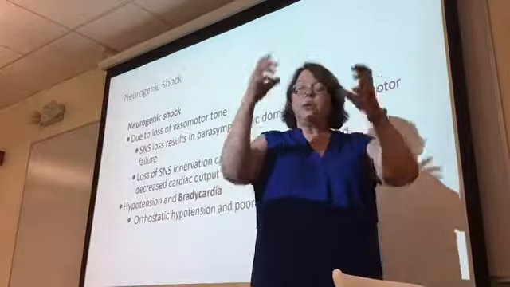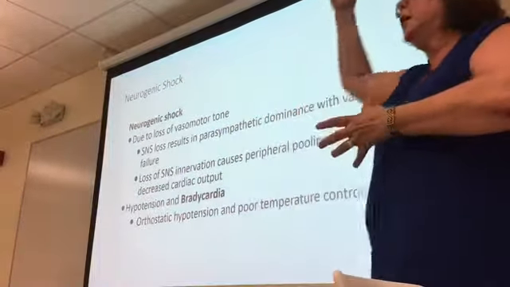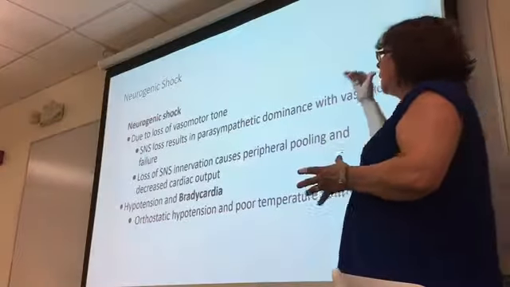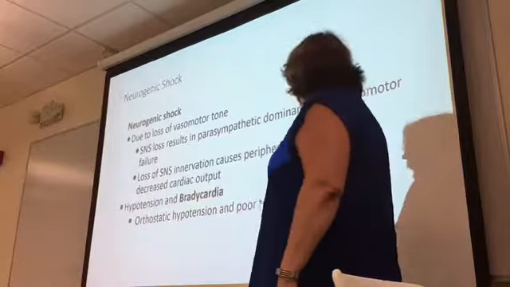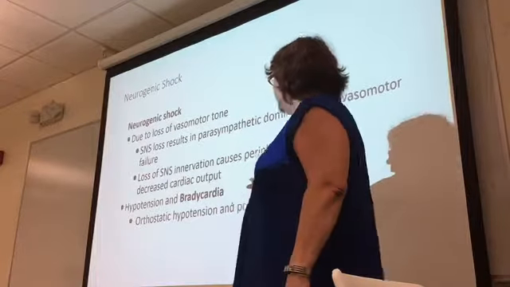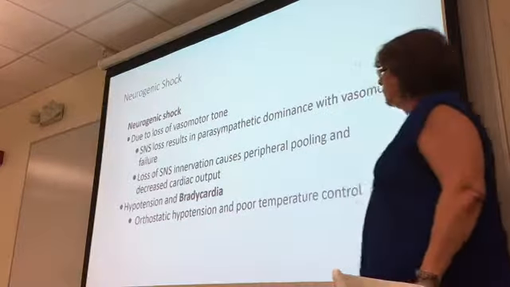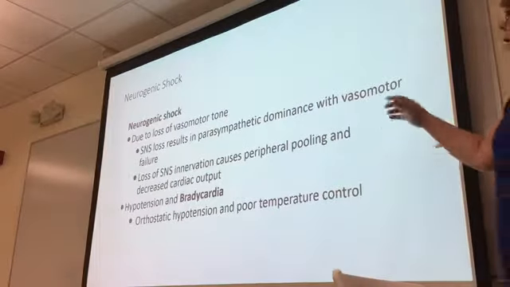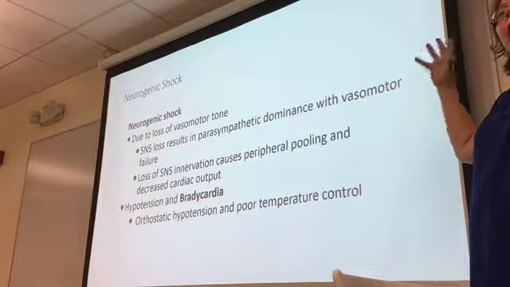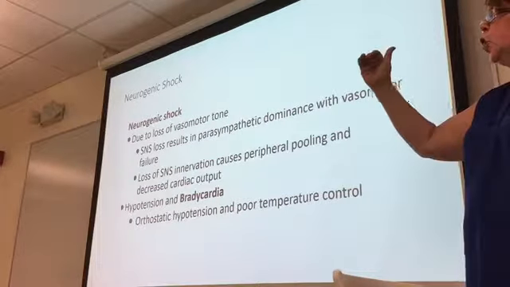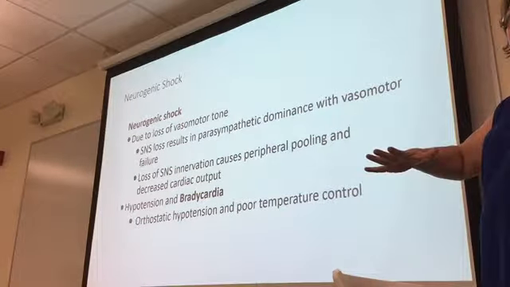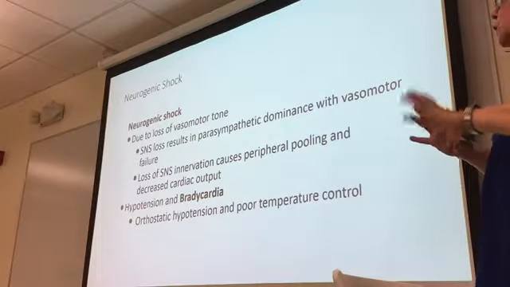Most of the shocks you have decreased blood pressure, increased pulse. This one you have bradycardia. And then you can see orthostatic hypotension and problems with temperature control. But for your test purposes, spinal shock, loss of reflexes. That's how you're going to know the difference.